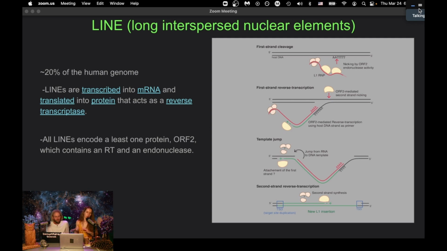Normally, they're not moving around that much because your endogenous levels of transposase are pretty low. However, it's possible to have an increase in your levels of transposase, and when that happens, these jumping genes become destabilized and start to move around the genome and end up in various places.